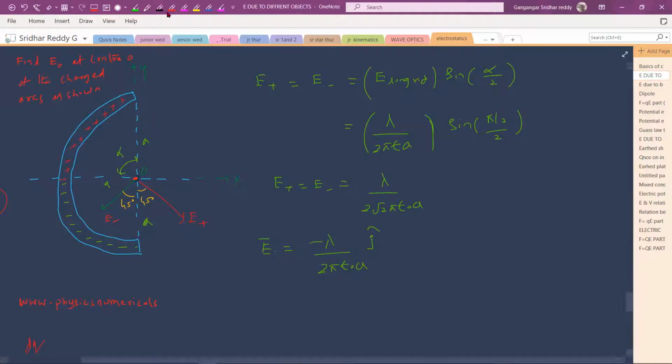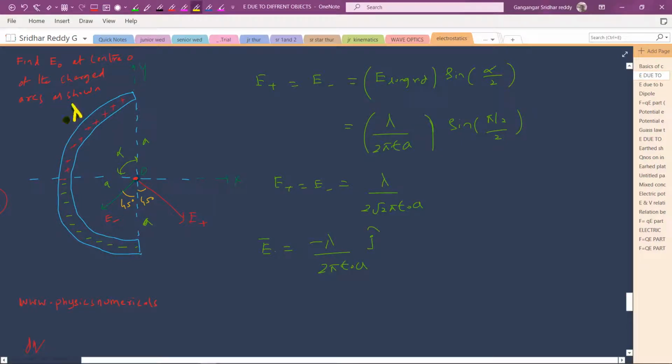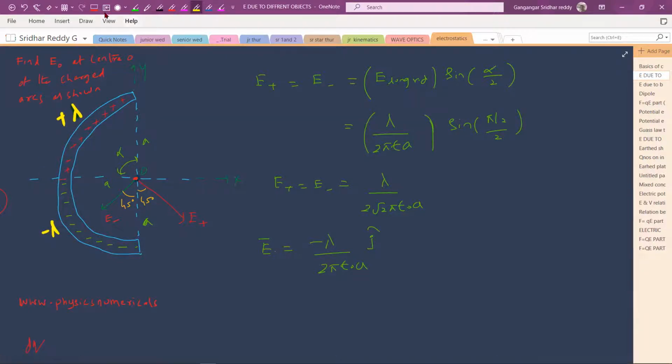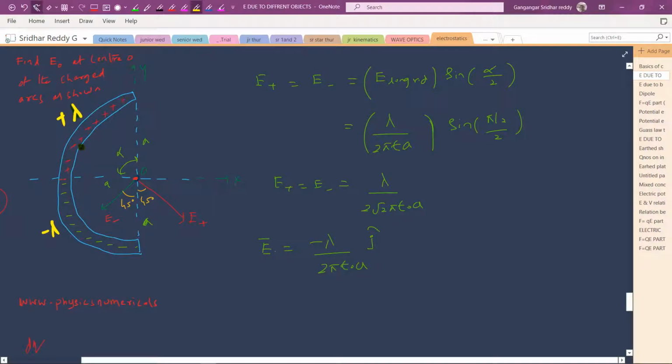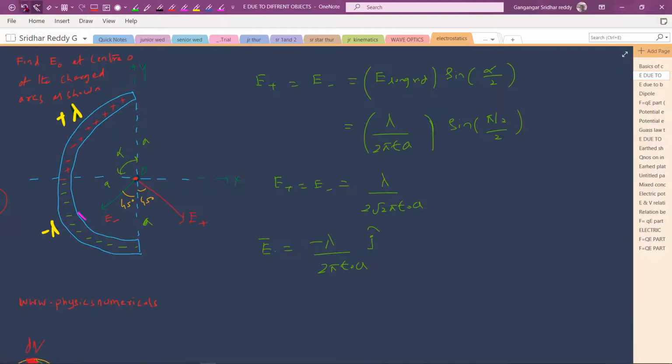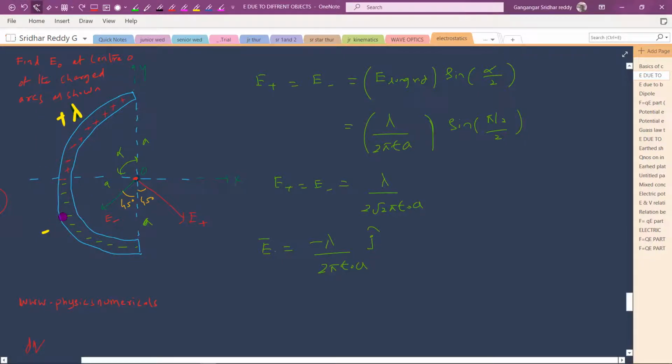Let lambda be the linear charge density of it. Plus lambda, this is minus lambda. So we have to find out the field strength at the center O of this semicircular ring, where one quarter circular arc is charged positively, and the remaining quarter circular arc is charged negatively.